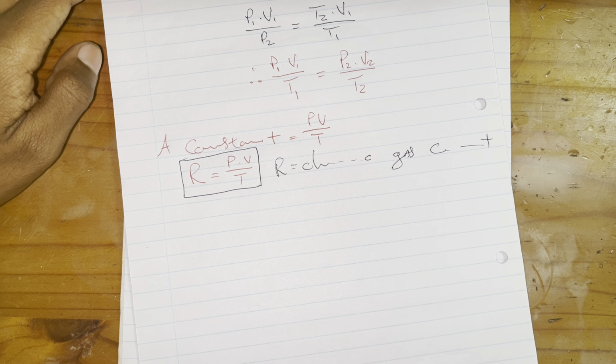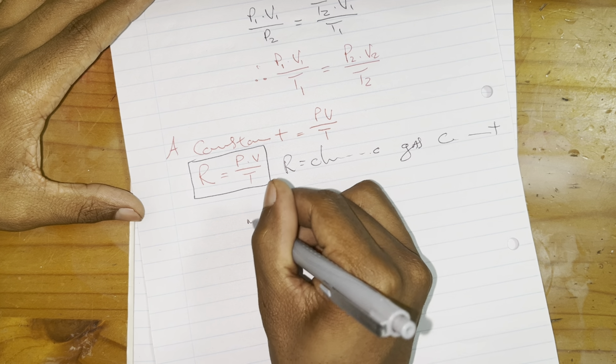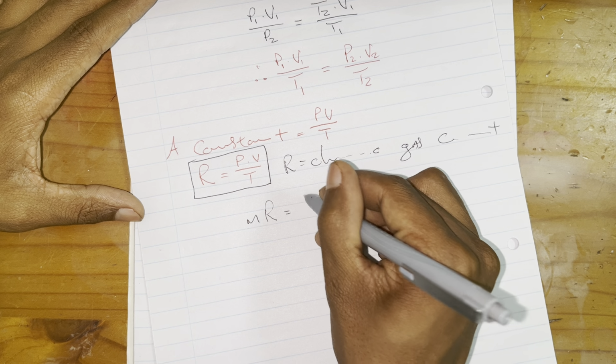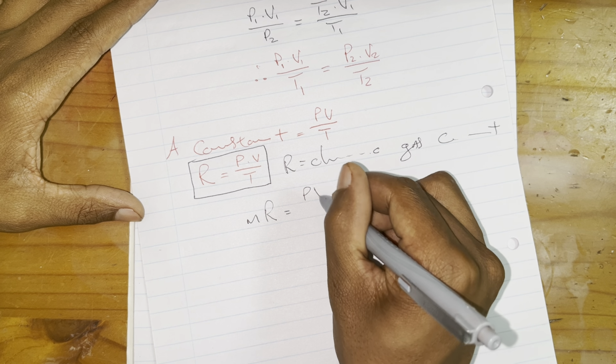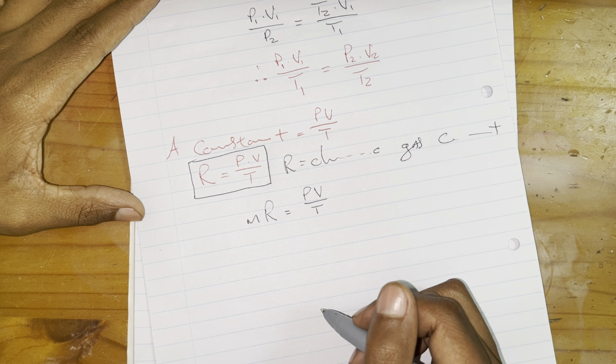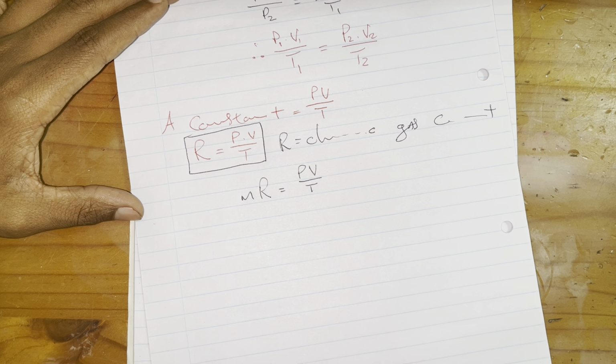When the mass of a gas is considered, then this is the case. Then we can say mR is equal to PV over T. Okay, now please note what I'm going to do now. What I'm now going to do is the following.